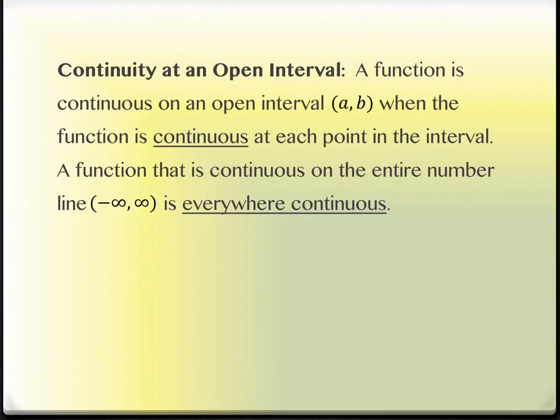If it's continuous at every single point between A and B, it should be continuous on the interval from A to B. And if it's continuous on the entire number line, from negative infinity to infinity, we say that it's everywhere continuous. And usually we just say it's continuous, and we don't even clarify the everywhere part. So you usually see the clarification only when it's necessary, and when it's not necessary, you don't clarify it at all. That's typically what is described.